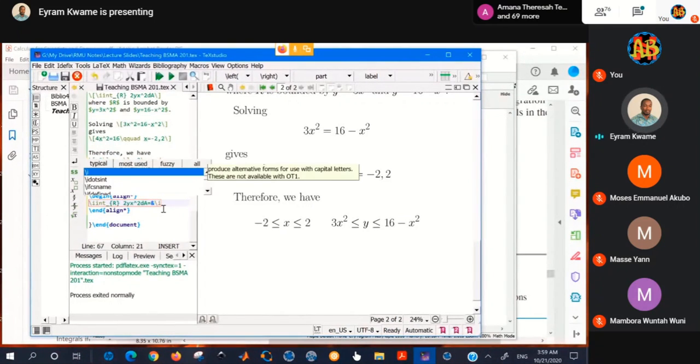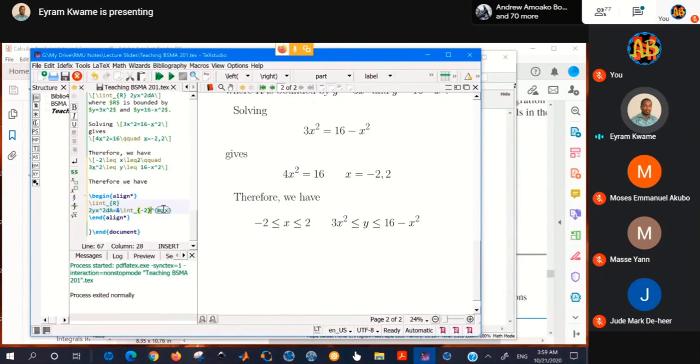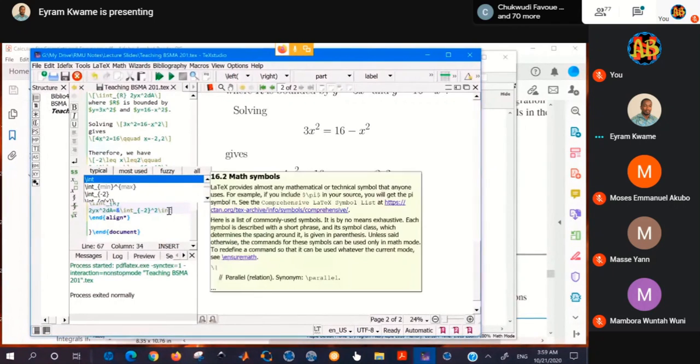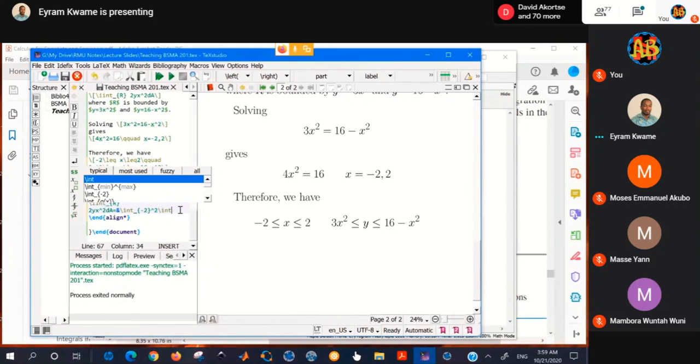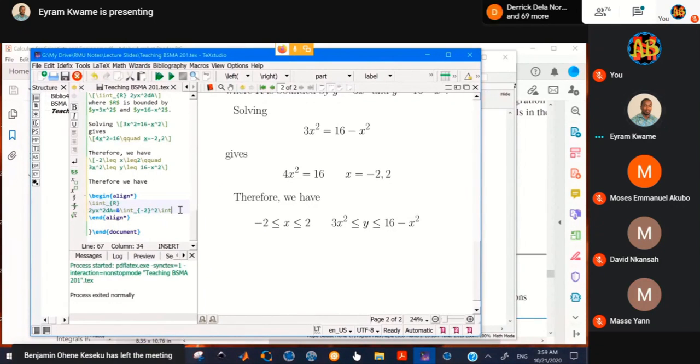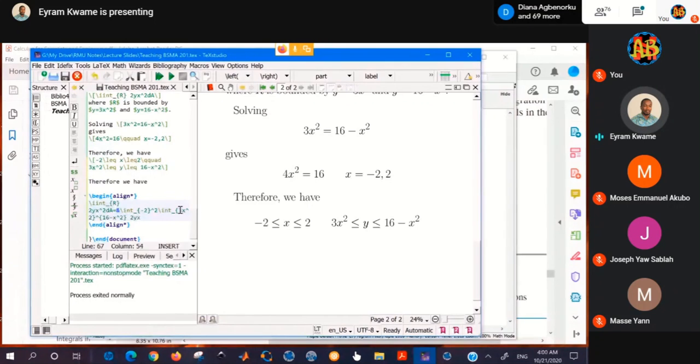So this integral becomes: integrate from -2 to +2, then again integrate from 3x squared all the way to 16 minus x squared, and we're integrating 2yx squared.